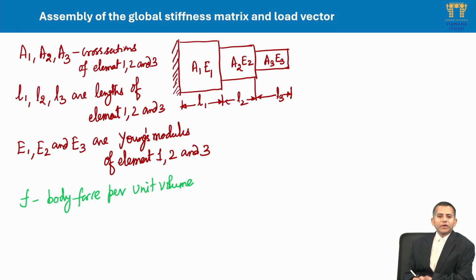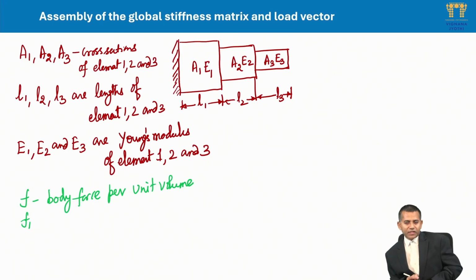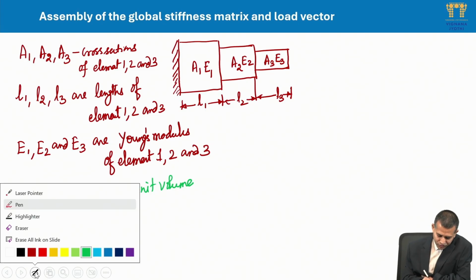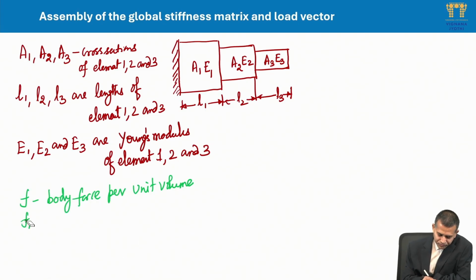F is for the entire bar, or if you want I can consider F1 as the body force for only this volume, F2 separately and F3, that also you can do, but for the time being I am considering only F as a body force per unit volume. So that means I am taking the weight of the given system. So let us take that only F is a body force acting on the system.